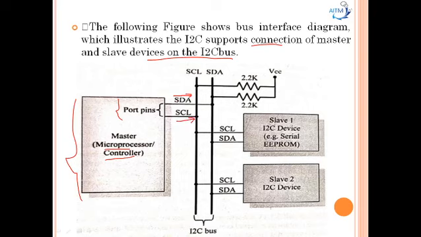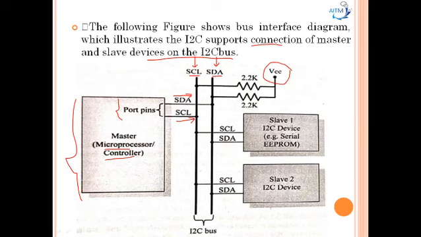A VCC power supply is supplied to this system, and we have the two I2C buses, one is SCL and another one is SDA, the clock line and the data line.